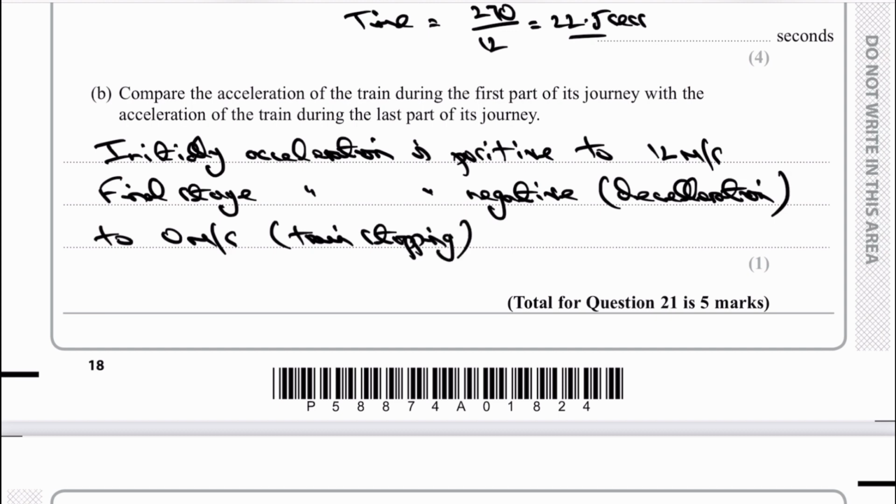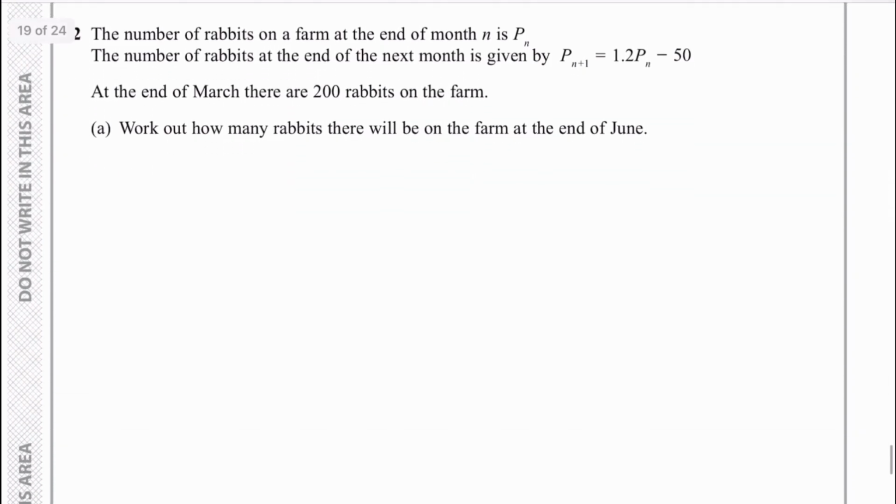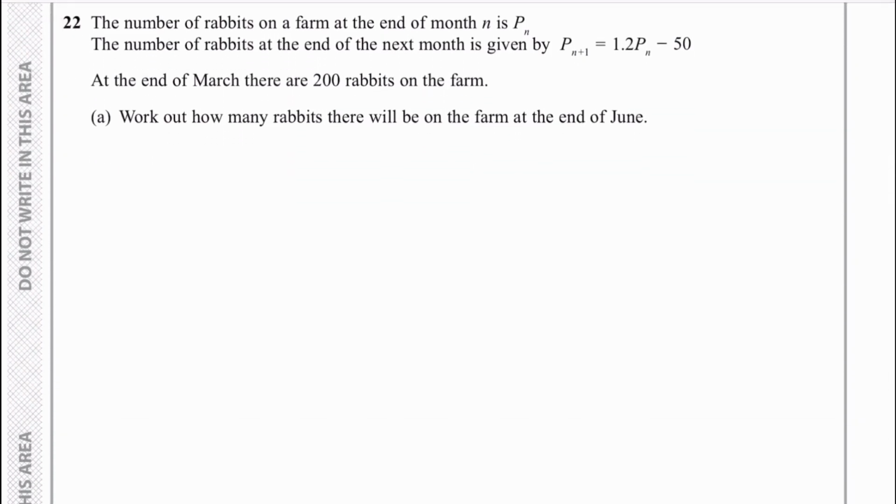Okay, shall we move on then to question number 22, which is kind of a compound interest or a growth and decay. And again, if you go to 3-Minute Maths, there is a worksheet on this that you can have a look at. So what we're saying is at the end of March there's 200 rabbits on the farm, and then there is in this particular case actually a decay of rabbits on the farm given by the formula 1.2 p_n minus 50.